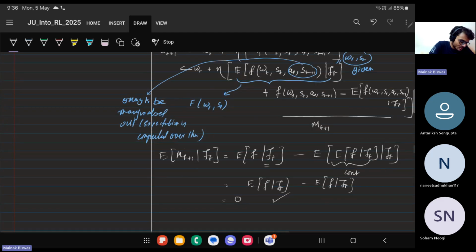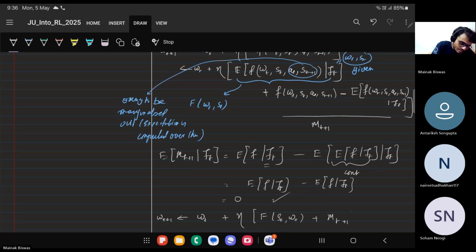So my equation becomes: wt plus 1 is wt plus eta times f of wt comma st plus 1, or at comma st plus 1, or is it st comma wt, plus the martingale. Do you agree?